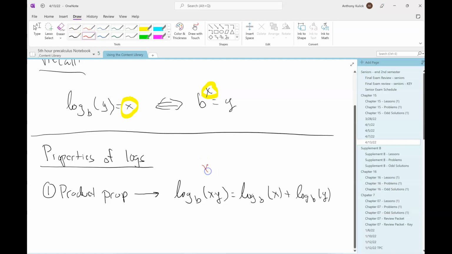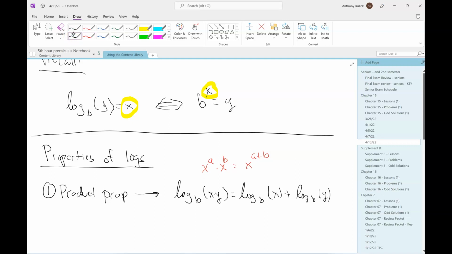But if you recall, when we multiply two exponentials, we add their exponents, right? So what we're seeing here is that multiplication outside of an exponential turns into addition inside the exponential. We're seeing the opposite for logarithms, where multiplication inside the logarithm is turning into addition outside the logarithm. It is the exact same property as that exponential property. It's just the logarithmic version of it.